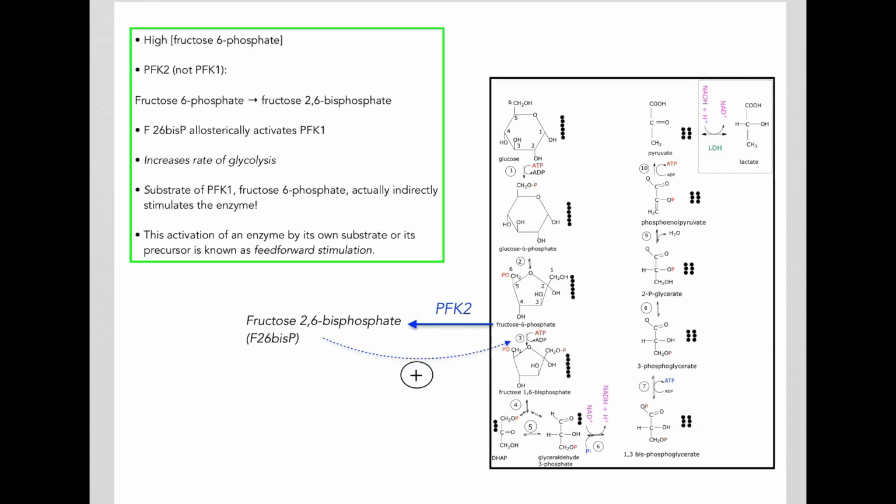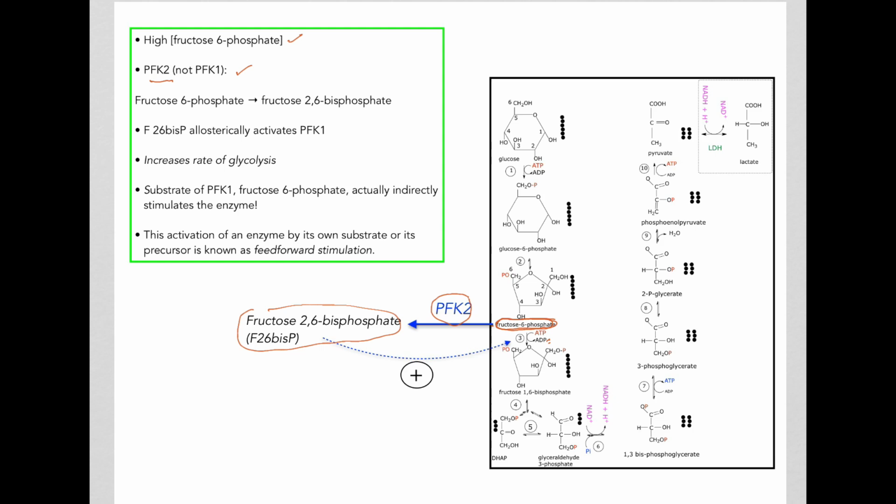So when there is a large concentration of fructose 6-phosphate, then there is another enzyme called phosphofructokinase 2, PFK2. Now this enzyme converts fructose 6-phosphate into fructose 2,6-bisphosphate.